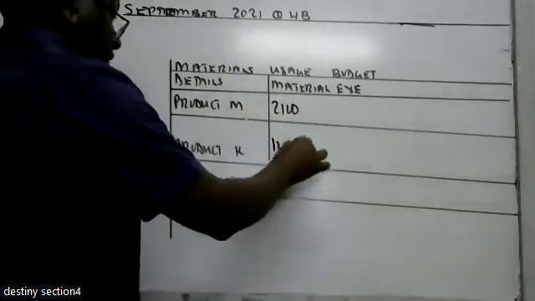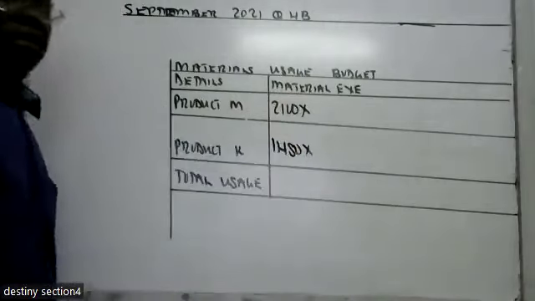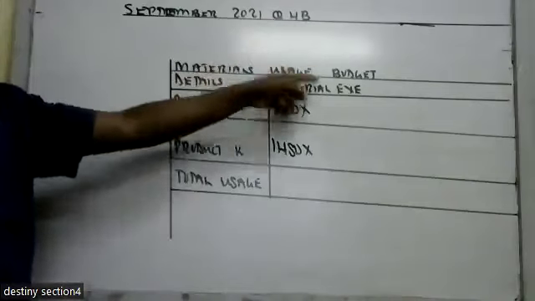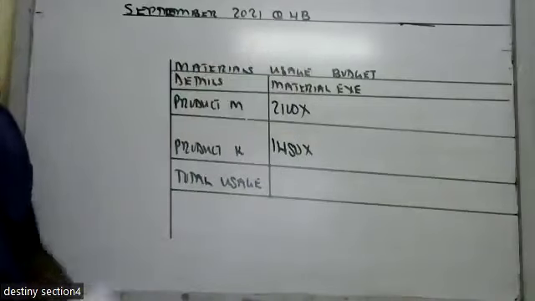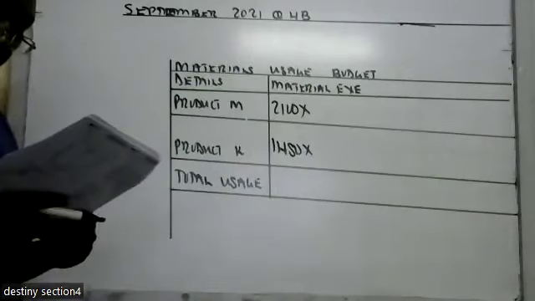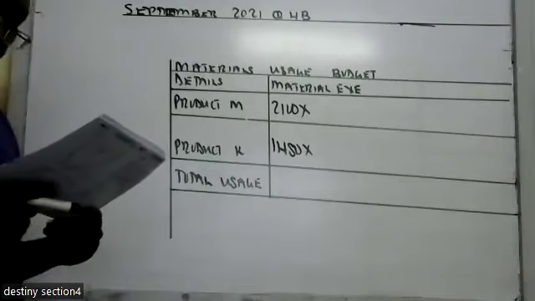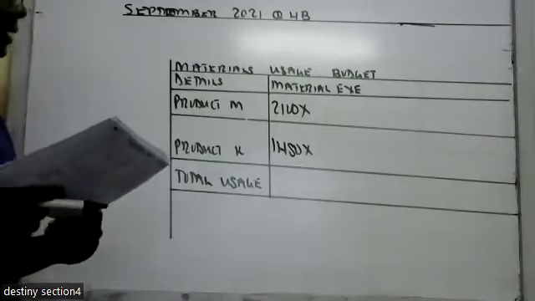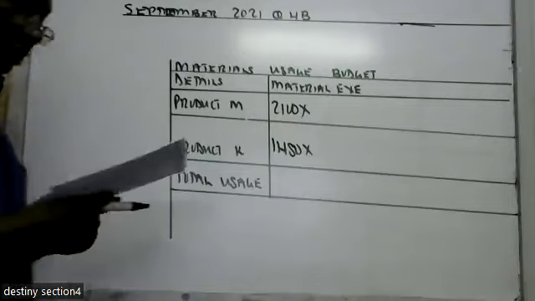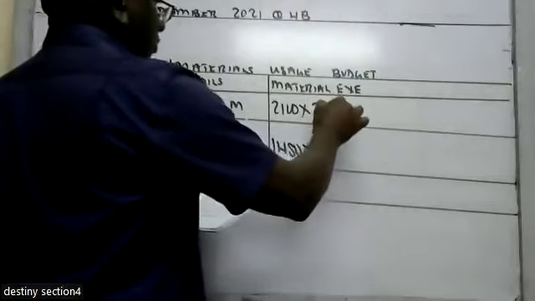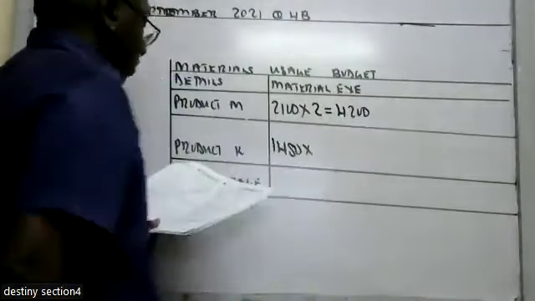This is what I was telling you yesterday is called the beauty of the make, because you can see if you made a mistake in the production budget. Now looking at materials required, product M for X requires 2 kilos, so this would be 4,200.